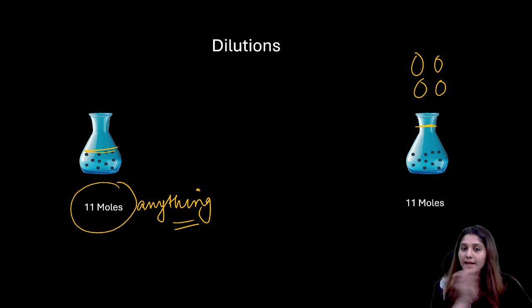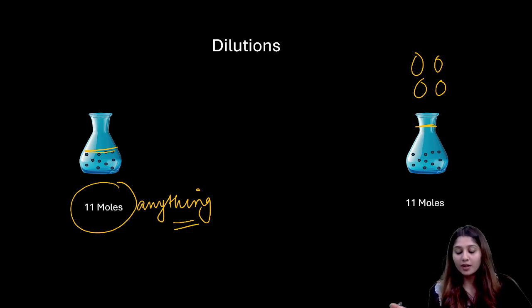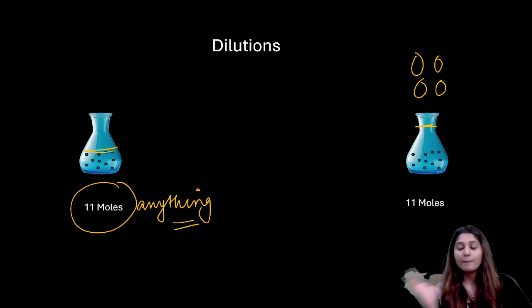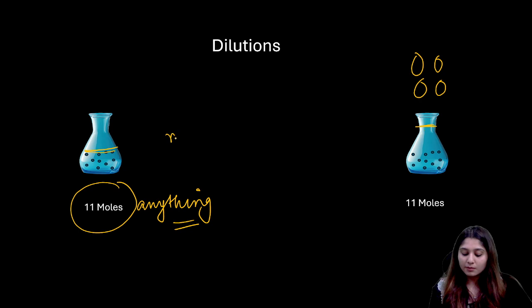But in the LHS and the RHS, did the number of moles change? No, because we didn't actually take out the 11 moles from there. Initially we had 11 moles, and now also we have 11 moles of that anything, but now we have much more water, okay.